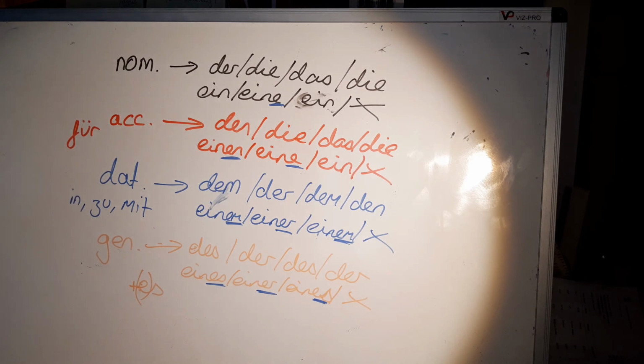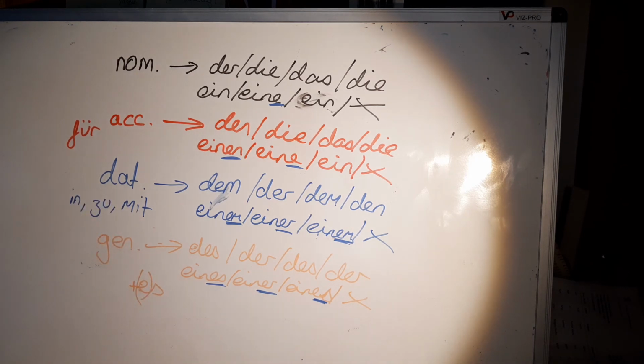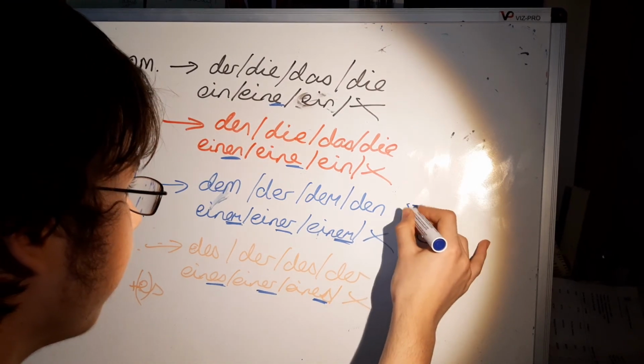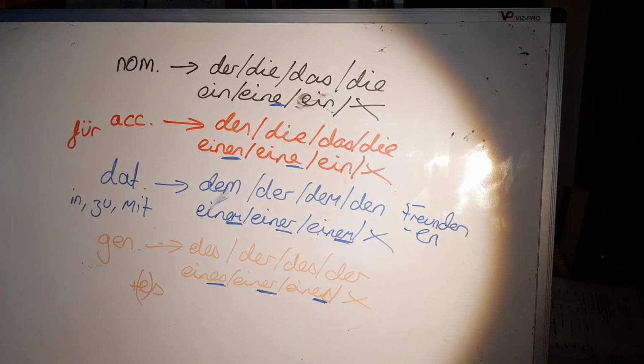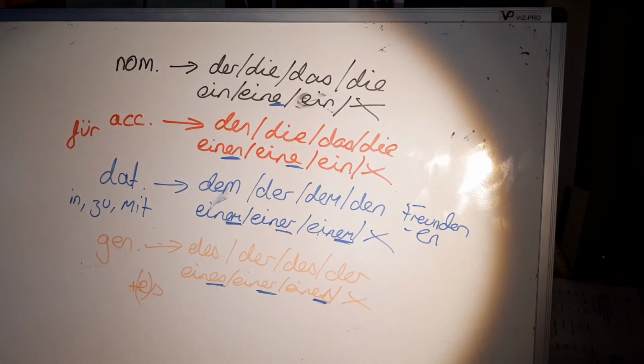You say mit meinen Freunden. That's also a good note. When you pluralize in the dative, sometimes you have to add en. So, for example, Freunden. Mit meinen Freunden. Dead easy once you get used to it.